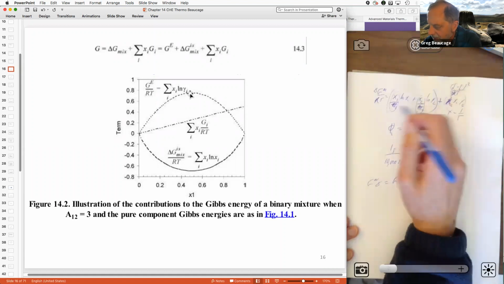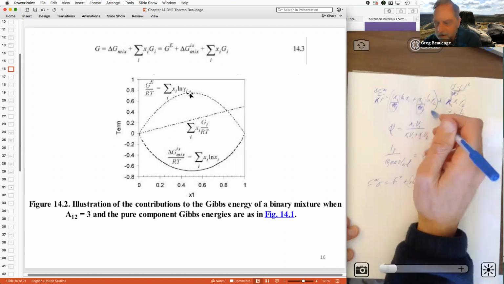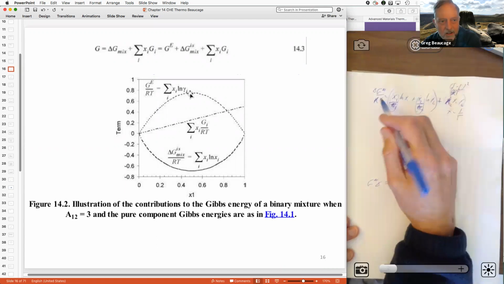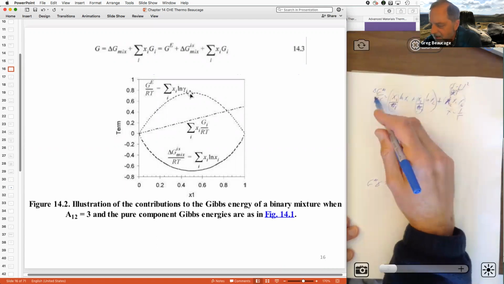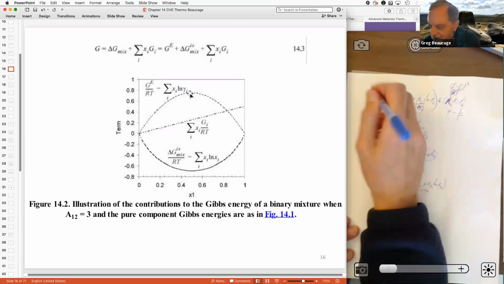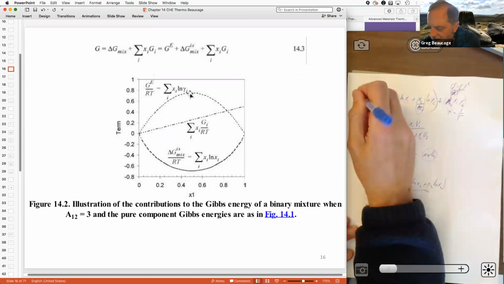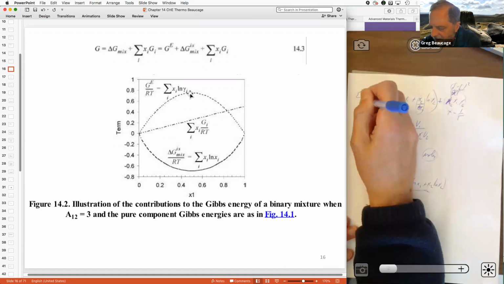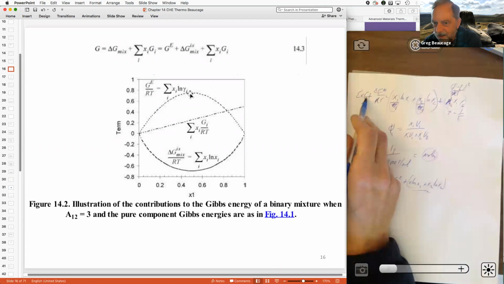For this, you have three components if you want to talk not about the change in mixing, but the total energy. You have the change plus this term, the sum of the components times each of their energies of formation, which is just going to be a trend line.